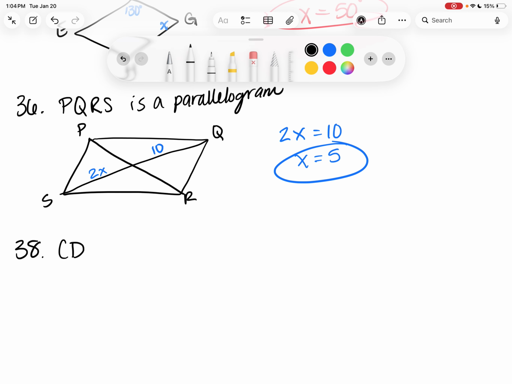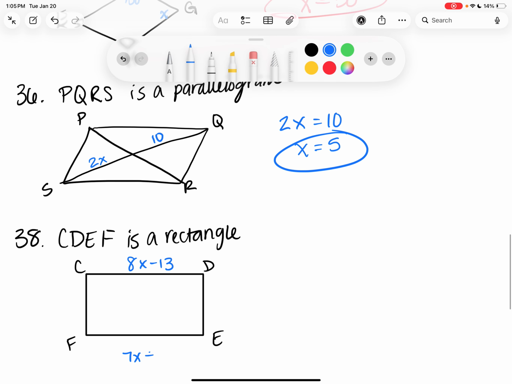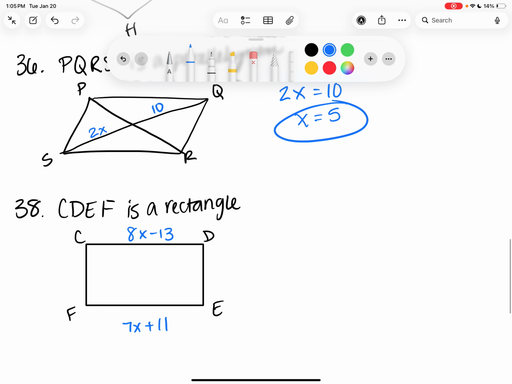38. CDEF is a rectangle. And they give us this side is 8x minus 13, and this one is 7x plus 11. So what do I know to be true about this?